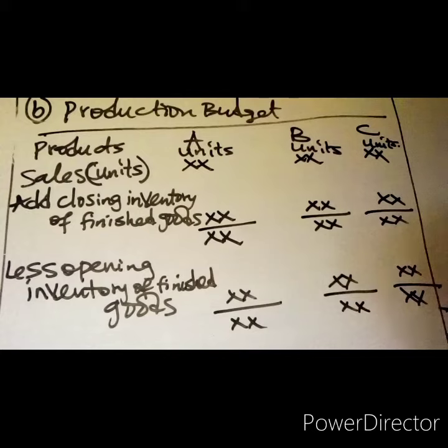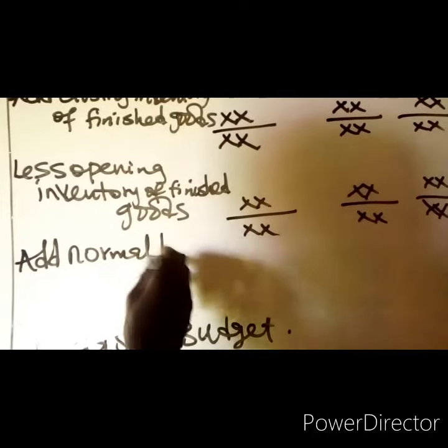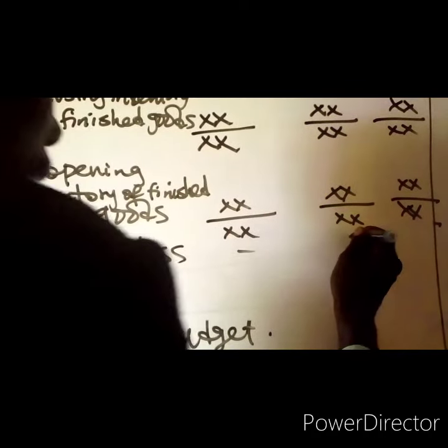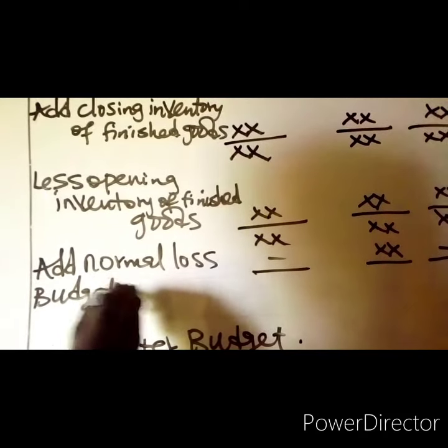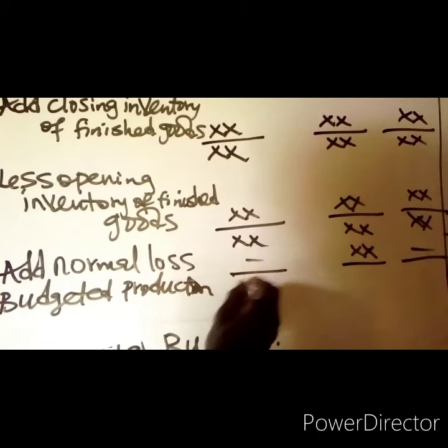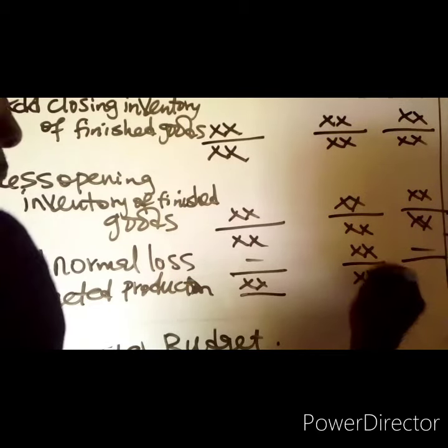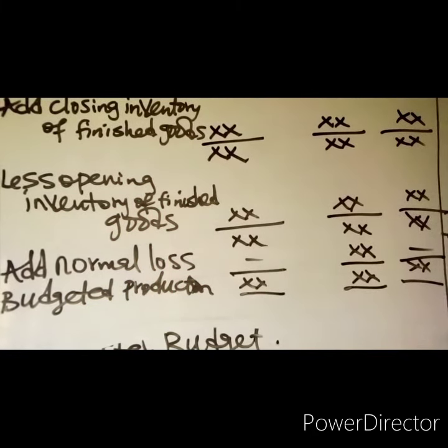But where there is normal loss, you add the units in normal loss. Let's assume you have normal loss for product B. So you add that. Then you have budgeted production. That is production budget.